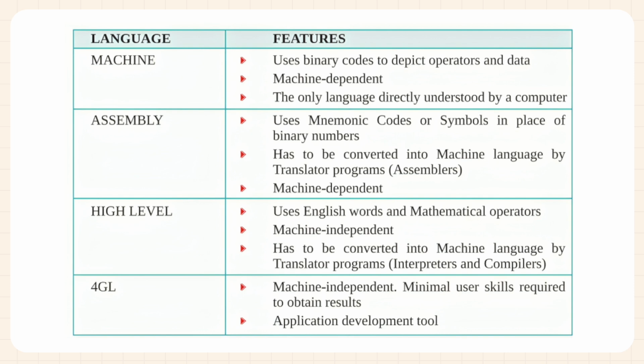Machine-dependent. High-level: uses English words and mathematical operators. Machine-independent. Has to be converted into machine language by translator programs, interpreters and compilers. 4GL: machine-independent. Minimal user skills required to obtain results. Application development tool.